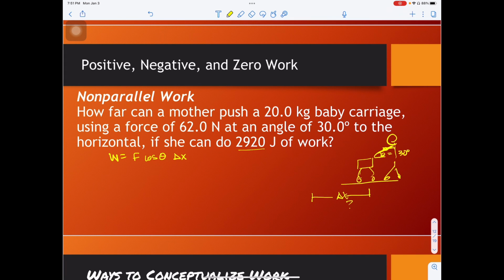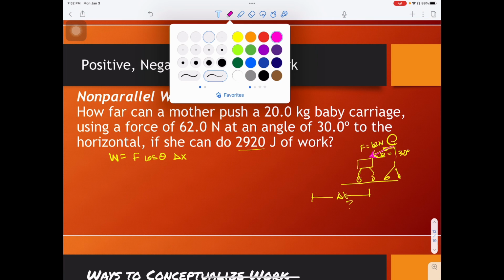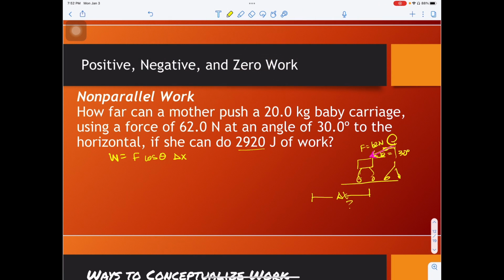Okay, so we've got 30 degrees. We know that her F is equal to 62 newtons, and that's this right here. Sorry, my diagram is so messy. So that's the force she's pushing with, 62 newtons, and we know her total work can be 2920 joules. So we're going to solve for delta x.